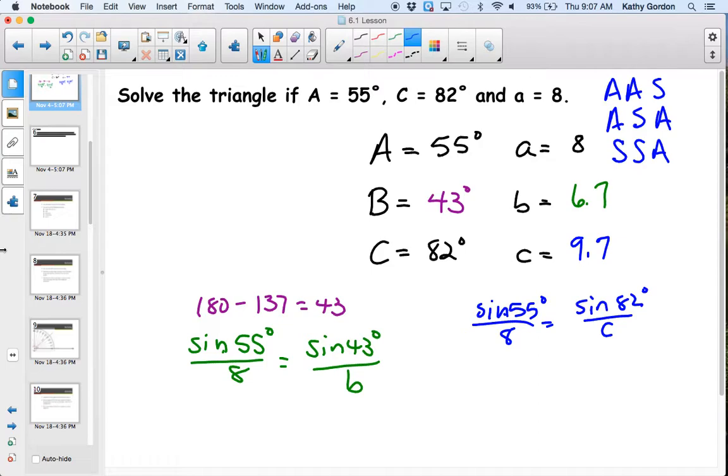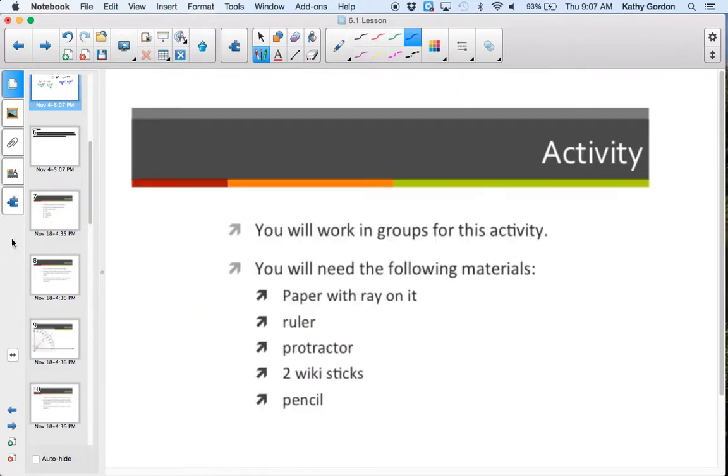Okay, so for the moment, just take 1 piece of paper. You're both going to work on the same page. Okay, set the other piece aside for a moment. And what we're going to do here is I'm going to go through a few steps with you and ask you to do some things so that you get to play with your wiki sticks and play around with what the possibilities are.